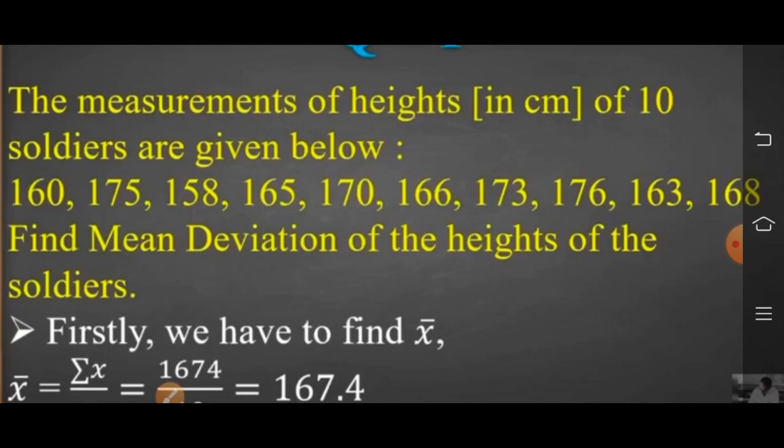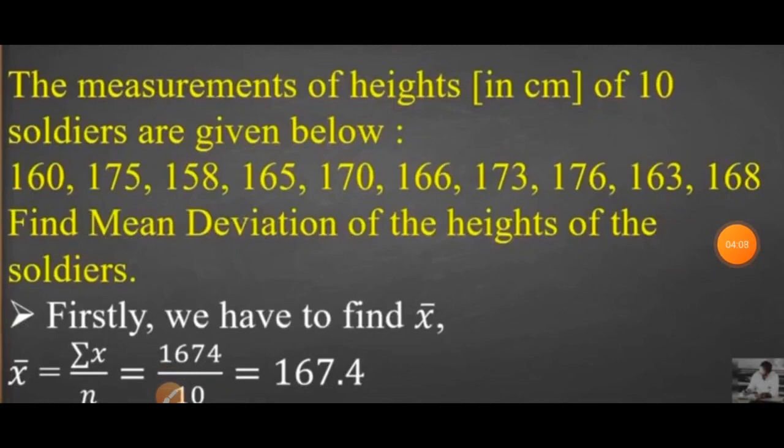Find the mean deviation of the heights of the soldiers. For finding mean deviation, first you have to find the mean. The formula of mean for raw data is sigma x upon n. For sigma x, you make the total of all observations, then divide by 10, and you will get 167.4.